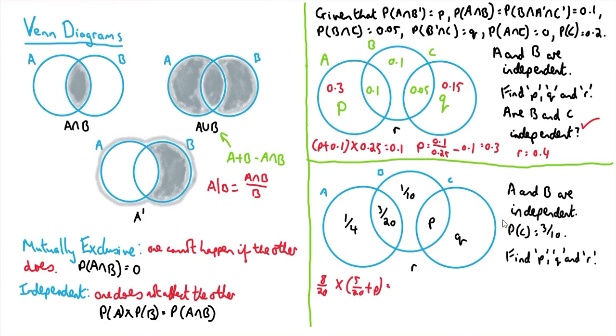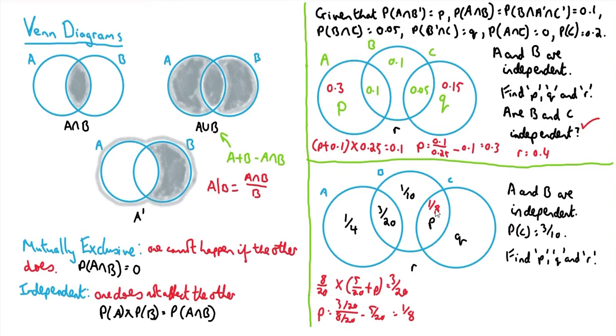But because we know for certain they're independent, that's going to equal the 3/20 here. So just to make P the subject, if we now have 3/20 divided by the 8/20 and you minus the 5/20, well, that's going to leave you with P being 1/8.